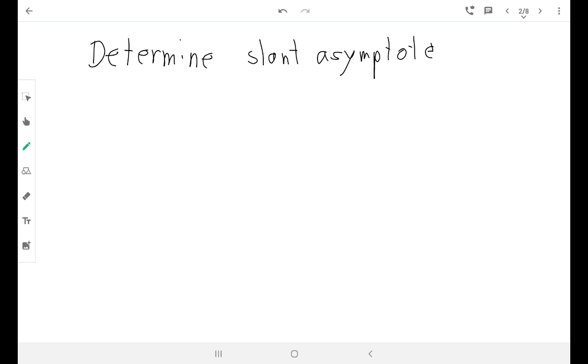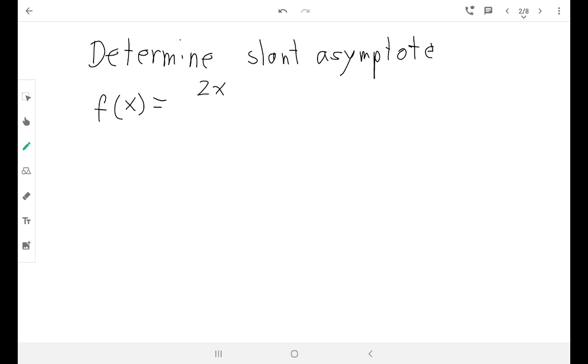Okay? So that was sort of the really easy one. Let's talk about another one. Let's determine the slant asymptote for the following function. And I have to talk about how you know that this has a slant asymptote, but let me make one up here.